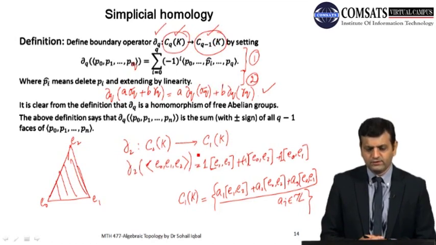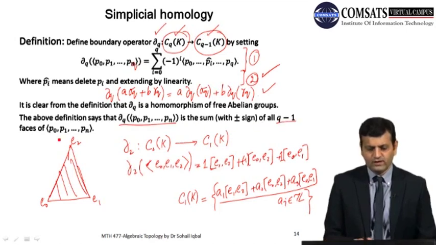It is clear from the definition that this boundary operator is a homomorphism of free abelian groups. Of course it preserves the only binary operation in C_q(K), and that's why it's a homomorphism. You can easily see it from the second condition of linearity. The above definition says that this is the sum with plus and minus signs of all q minus 1 faces.